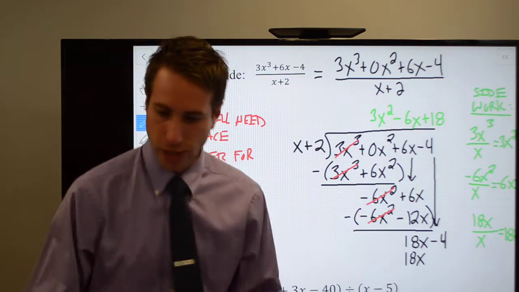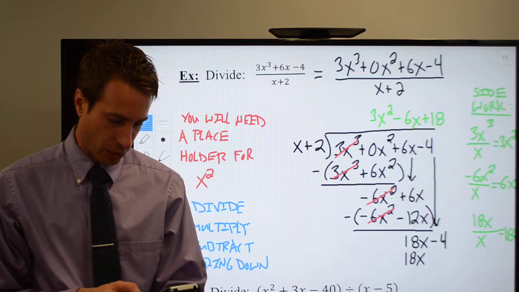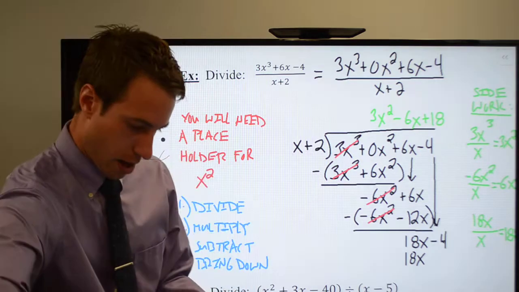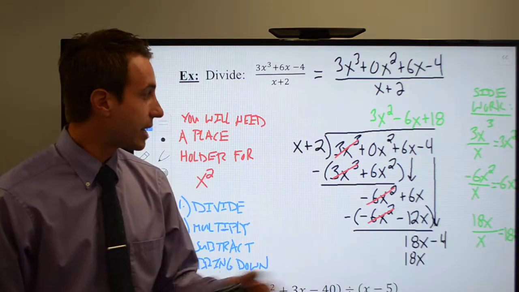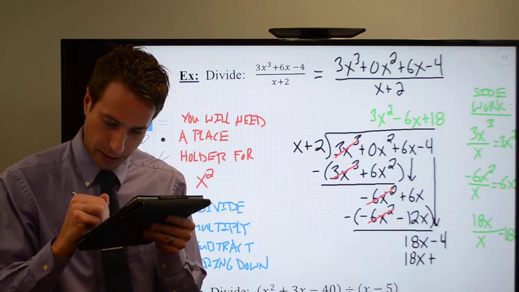I didn't, we're good. All right, well, 32. So yeah, what we'll need to do then is 18 times 2, so 36. Let's see here, so plus 36.